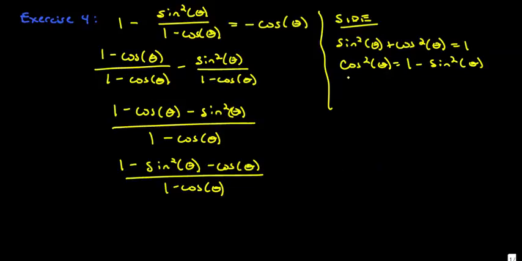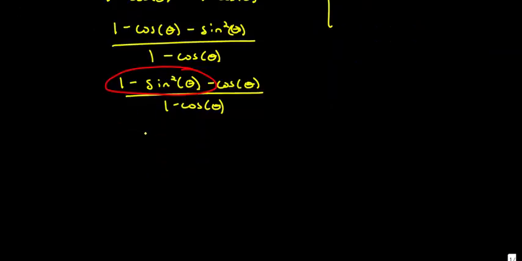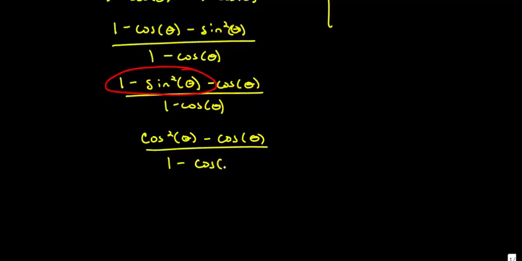So 1 minus sine squared is equal to cosine squared. So I'm going to take this piece right here and replace it with this guy right here, since they're equal to one another. So that's going to give me cosine squared theta minus cosine theta all over 1 minus cosine theta.